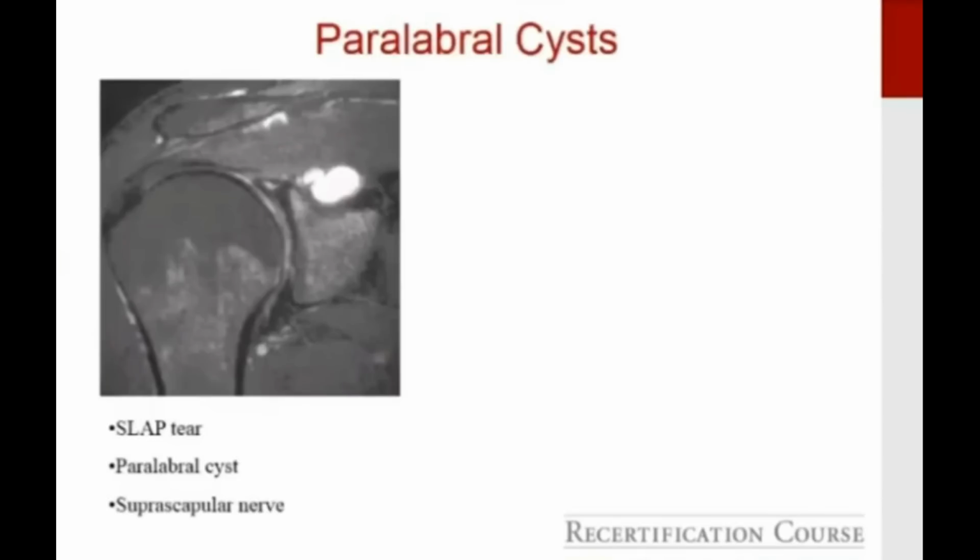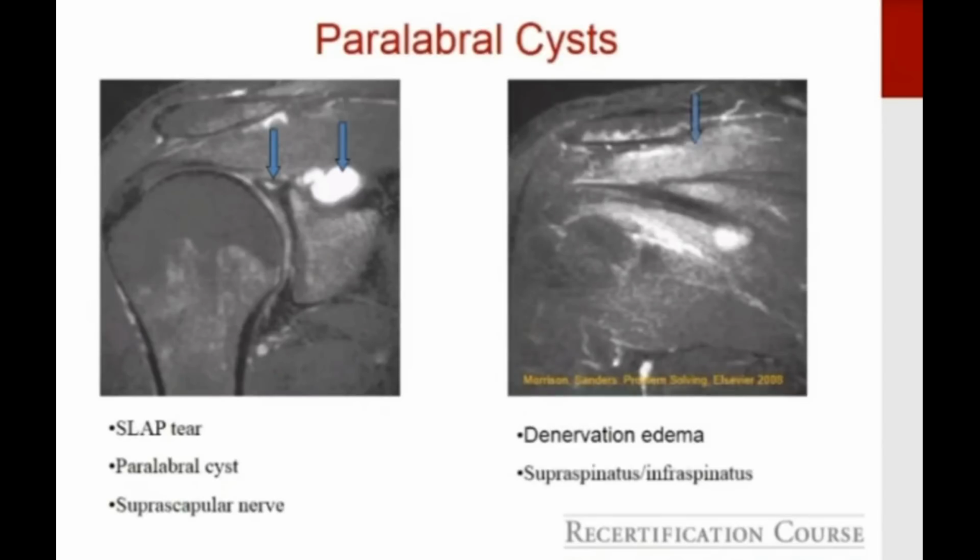Okay, paralabral cysts in the shoulder are analogous to the parameniscal cysts in the knee. Here we see bright signal abnormality extending into the substance of the superior labrum, diagnostic of a SLAP lesion. And then we see this lobulated bright T2 signal structure extending along the superior aspect of the glenoid into the suprascapular notch. If we look one more image posteriorly, we see that there's diffuse soft tissue edema within the supraspinatus and infraspinatus muscles.